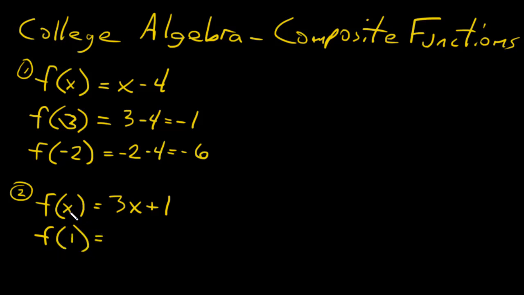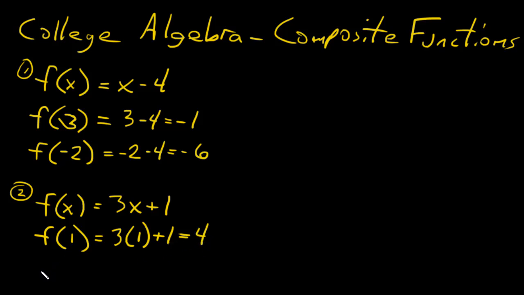All I do is replace the x on the right with whatever is in here, because this x is how I'm defining the function f of x, and I'm defining it as 3x plus 1. So f of 1 would be 3 times 1 plus 1, and 3 times 1 is 3, plus 1 is 4.